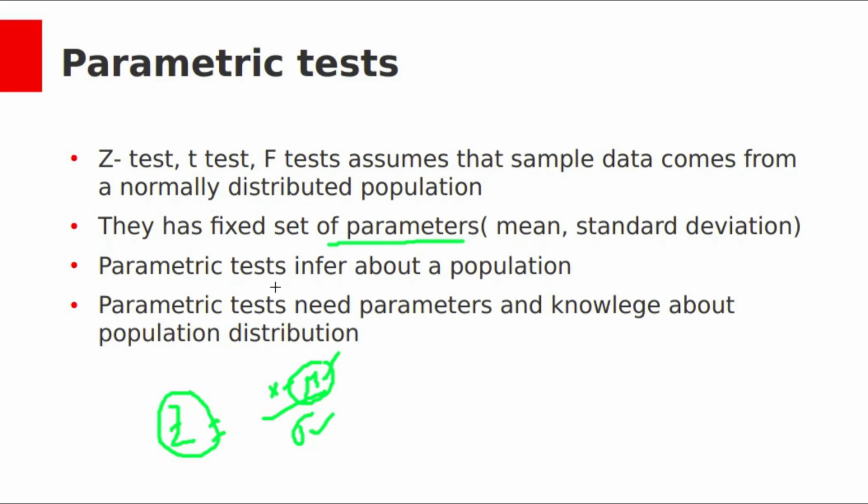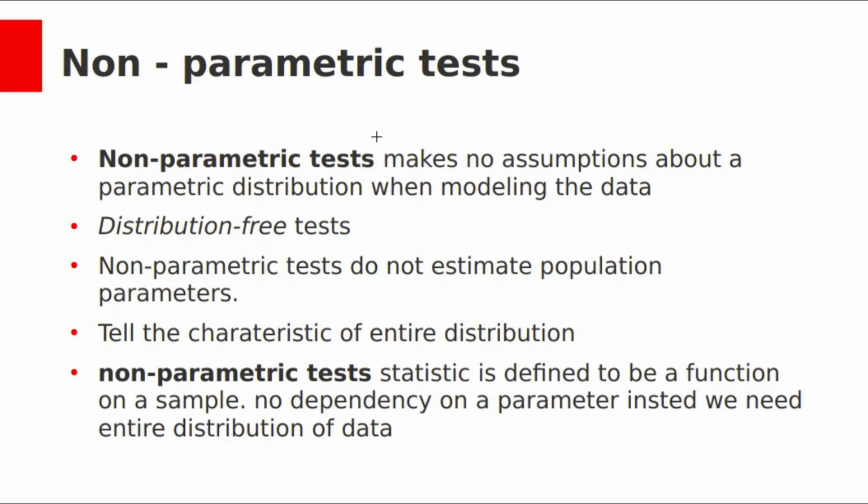In parametric tests, we took data from a sample to infer about the population. In parametric tests, we need parameters and knowledge about the population distribution. Hence here we need summary statistics and assumptions about the population distribution. Non-parametric tests make no assumptions about the parametric distribution when modeling the data.